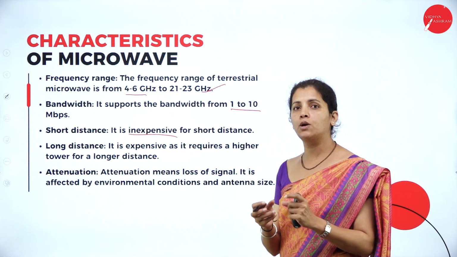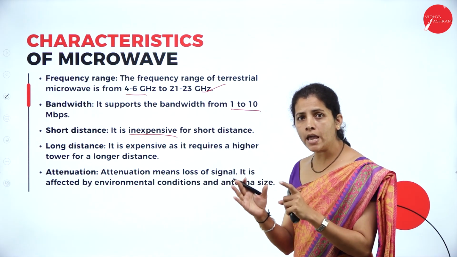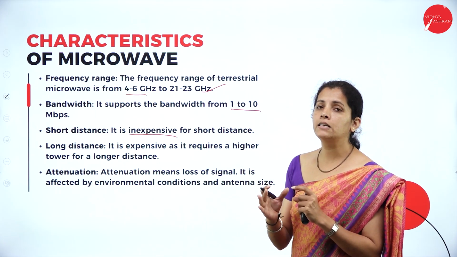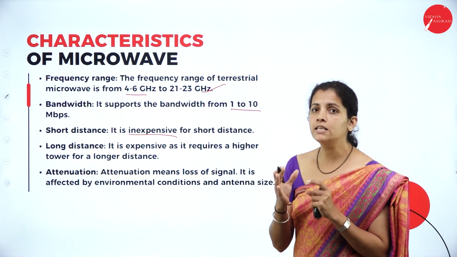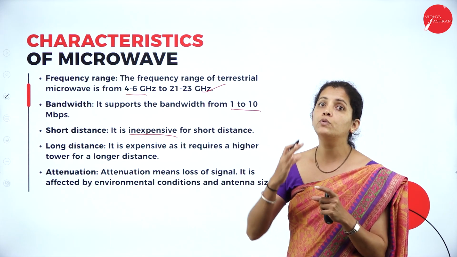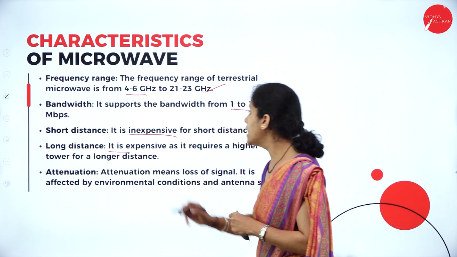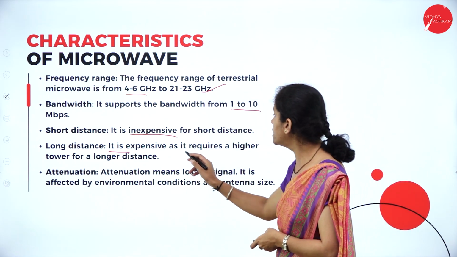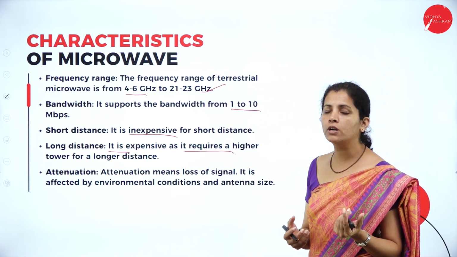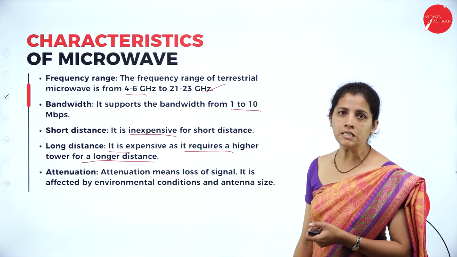In the sense what? I require minimum cost. If I use the same microwave for a longer distance, then it is expensive. As the distance increases, I have to increase the size of the antenna, so it is expensive as it requires a higher tower. Tower in the sense what? That is nothing but the antenna for a longer distance.